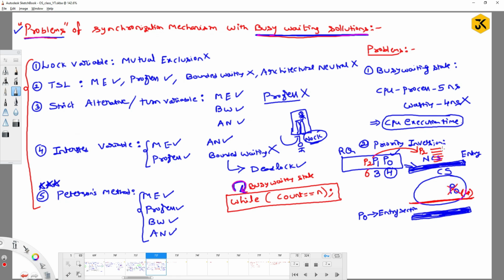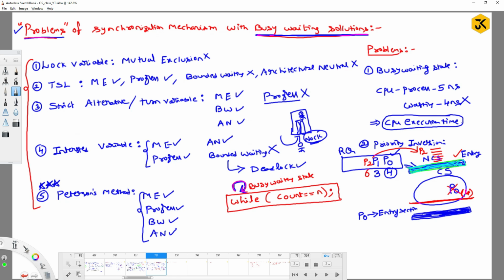Assume P2 also wants to use the critical section. Then what will it do? It will go for the entry section criteria. If you look into the entry section criteria, it is not going to be satisfied. What is the reason?